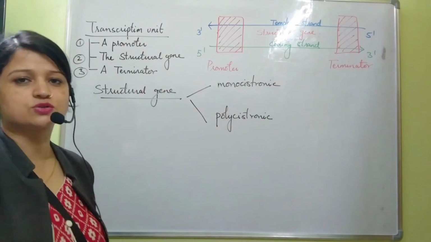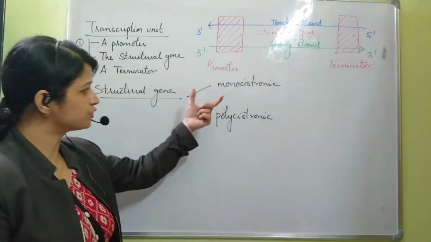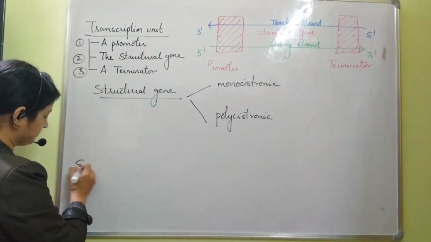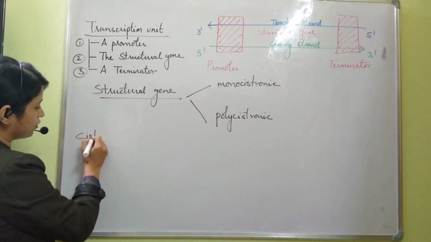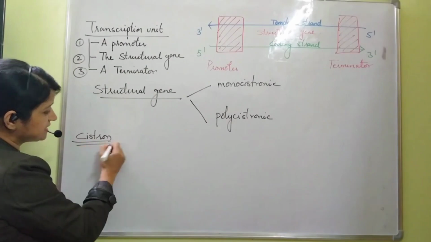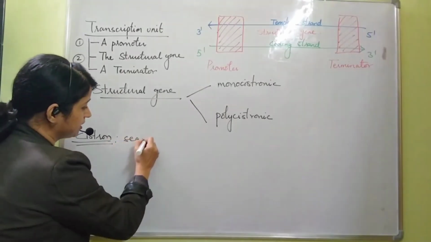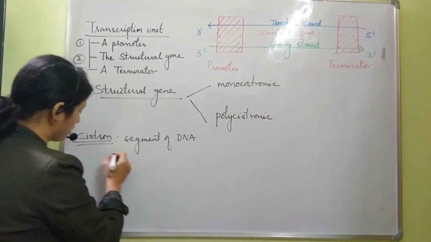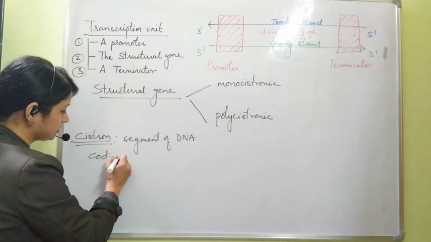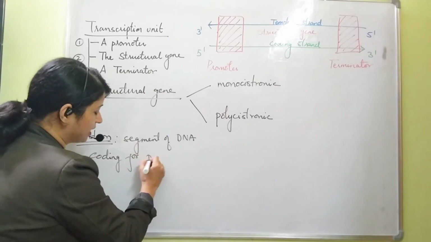Before going to monocistronic and polycistronic, you should know the meaning of cistron. Cistron: it is the segment of DNA coding for polypeptide.